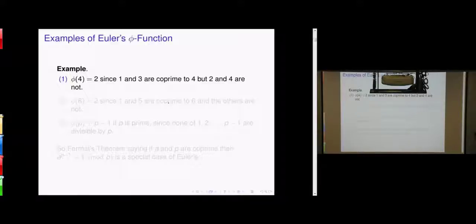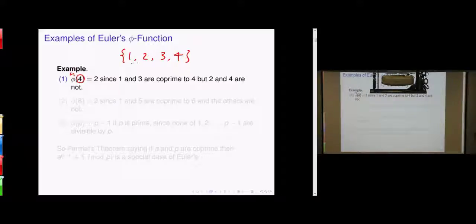The claim is 2. Why? Because we look at the numbers from 1 to 4, one by one. Now, if they have a common factor with 4, this is the n, we cross them out.